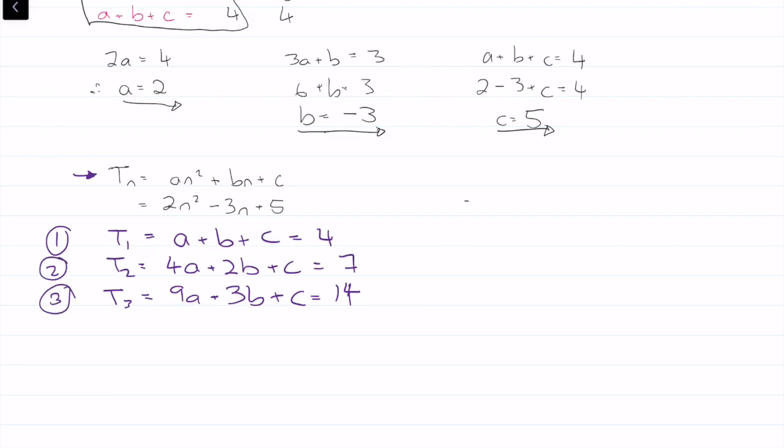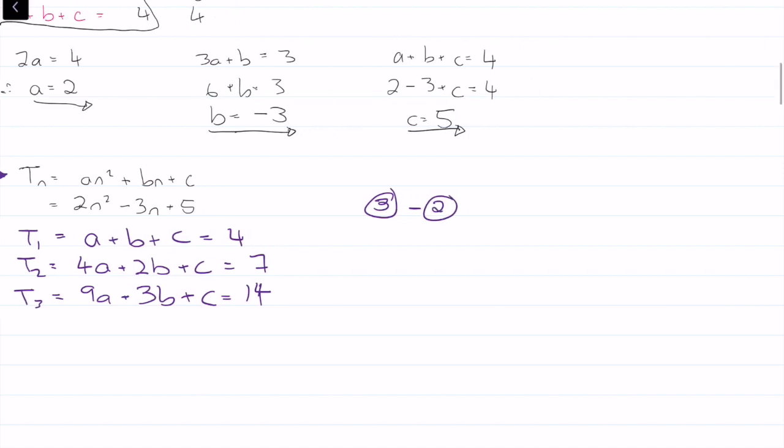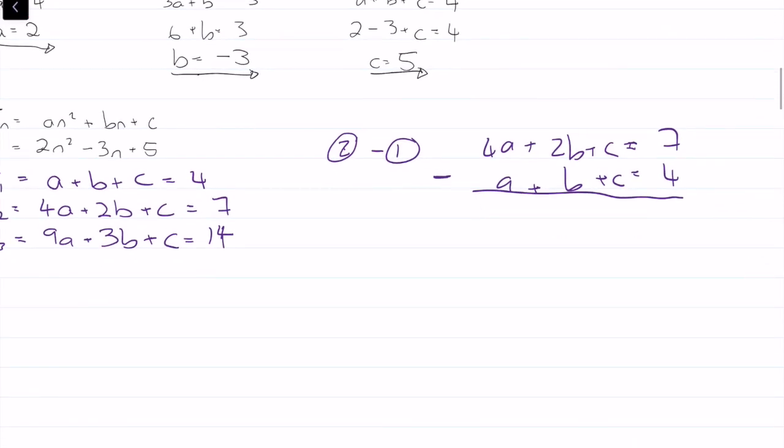Let's take equation 2 minus equation 1, that gets rid of the c. So 4a plus 2b plus c is equal to 7, and I'm going to minus from that a plus b plus c is equal to 4. So that's 3a plus b is equal to 3.